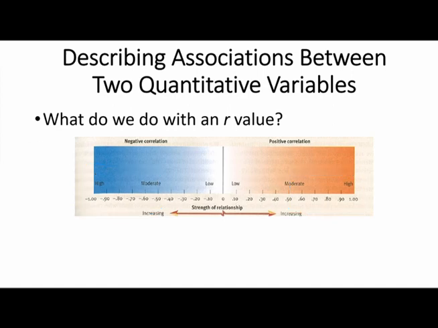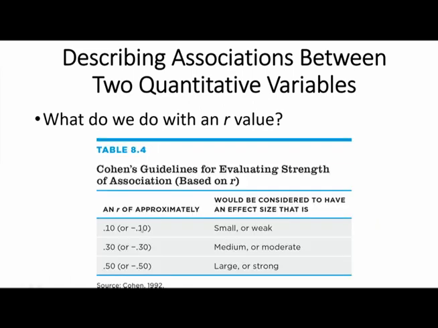But when you practically calculate R with actual research data, you are very unlikely to see anything 0.5 or higher, which is why when you do see something in that range, it's okay to call it a large or strong relationship, because what you're going to see most of the time is the much smaller values. And that doesn't mean that it's a bad thing or a poor experiment or a poor study. It just means that what you're looking at has a comparatively small effect size. And that's not a bad thing.